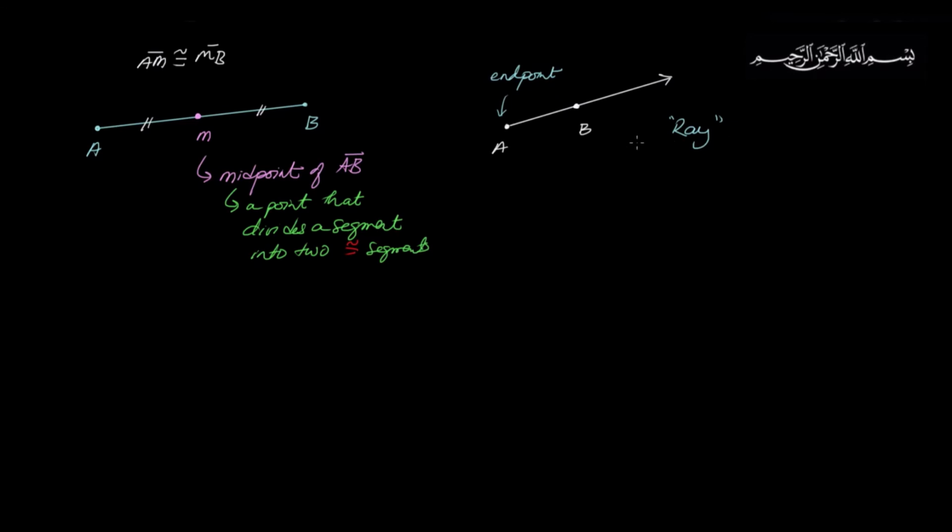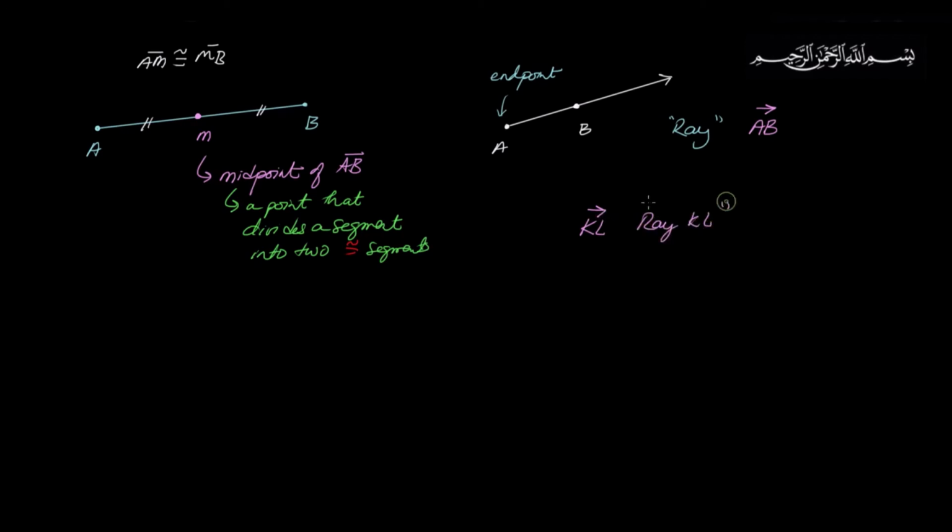And the way we name rays is by using the endpoint here and any other point that's on the ray, like this, and putting a little ray symbol on the top. So the way you would read this is ray AB. If I write it like this, that's ray KL.